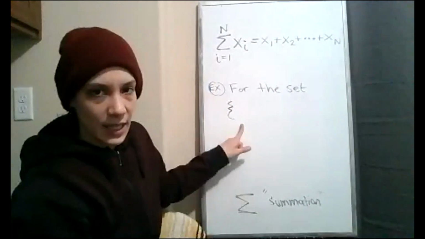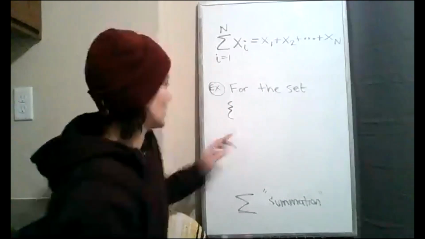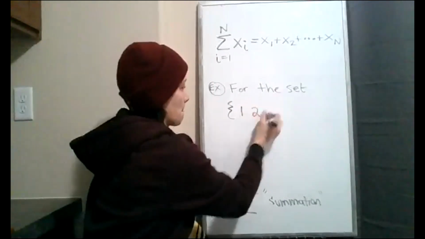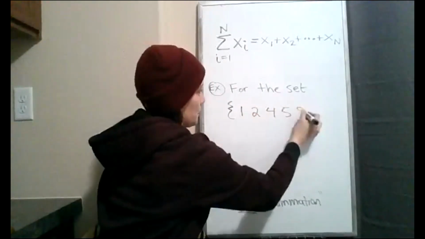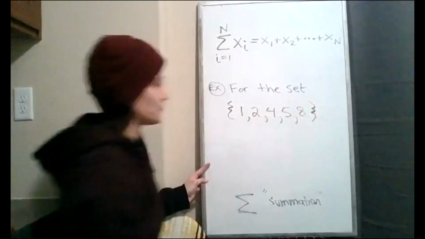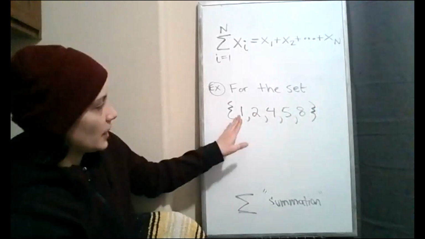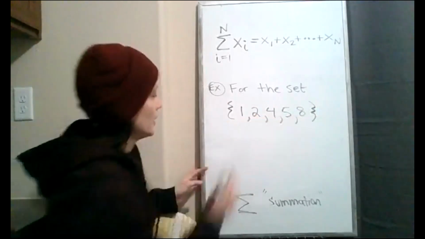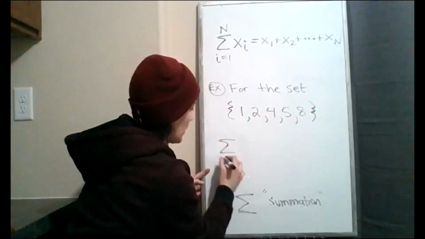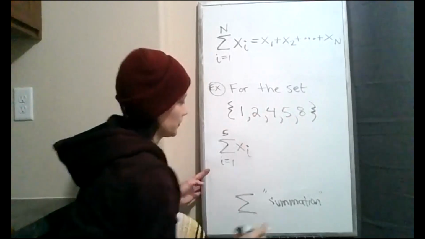Okay, the set that contains 1, 2, 4, 5, and 8. Find the sum from, let's see how many, 1, 2, 3, 4, 5. The sum from i equals 1 to 5 of x sub i.